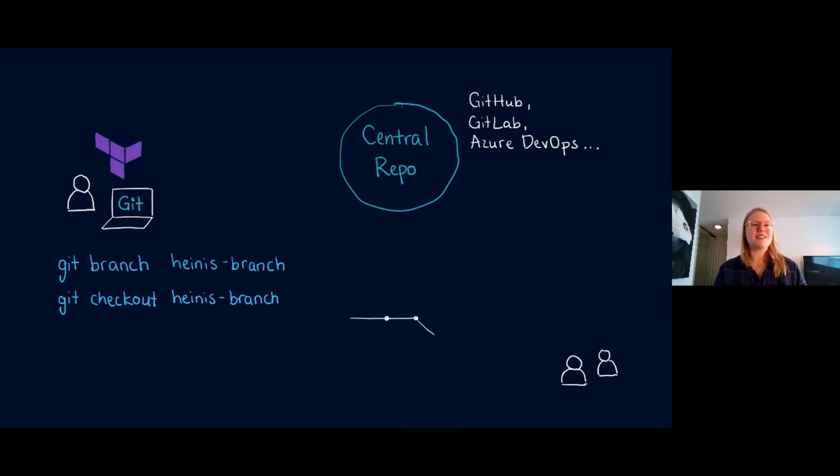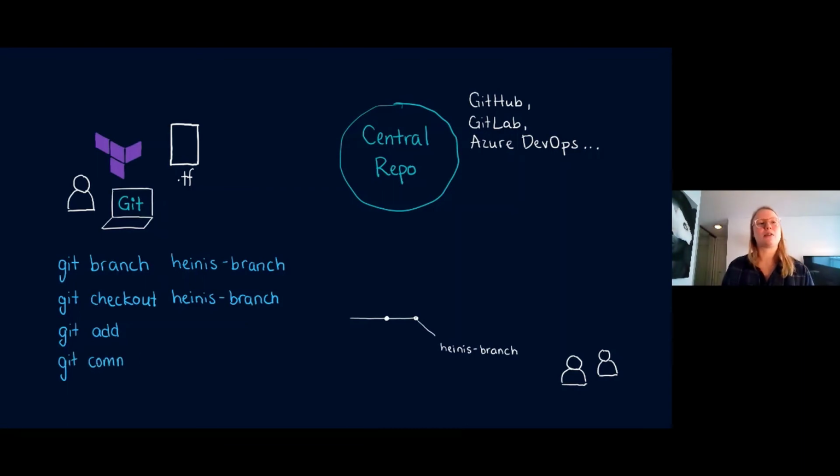And what a branch is, is that it actually creates a copy of the files that you're working with for you. So then once you start working on that branch, it doesn't actually change the main or master branch that you made the branch from. And so then I, of course, want to make some changes. I'm going to create a new Terraform file. I'm going to add that to Git so that Git is aware of it.